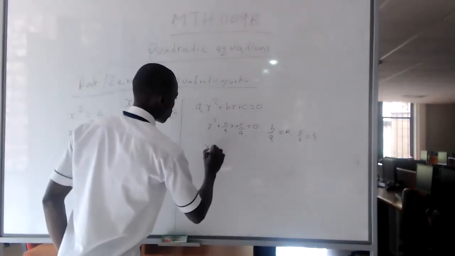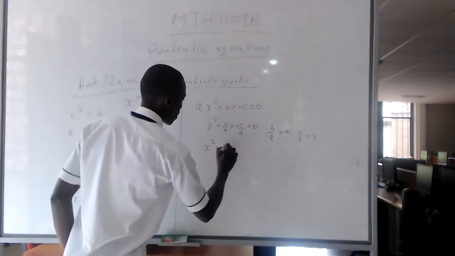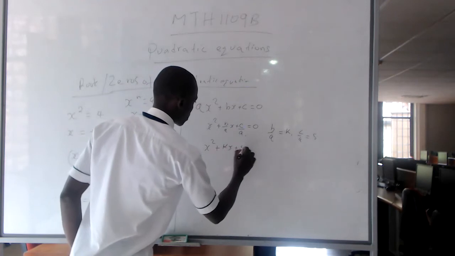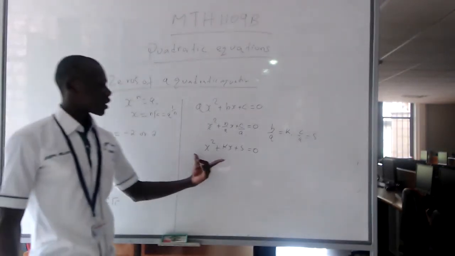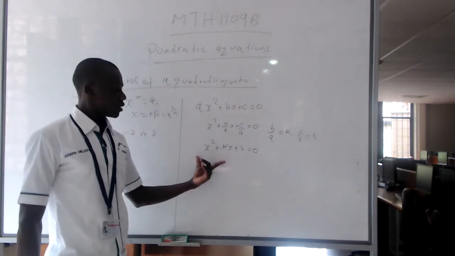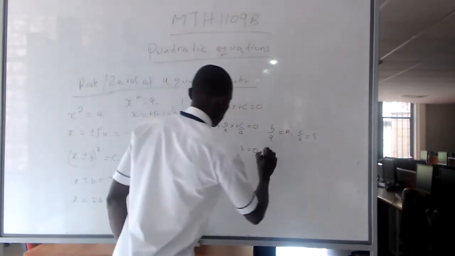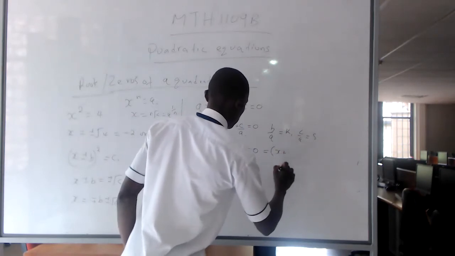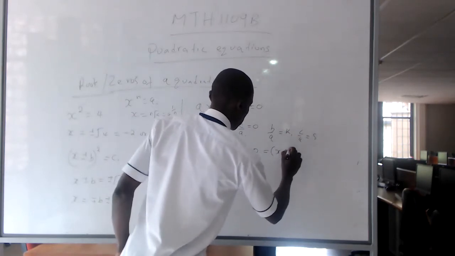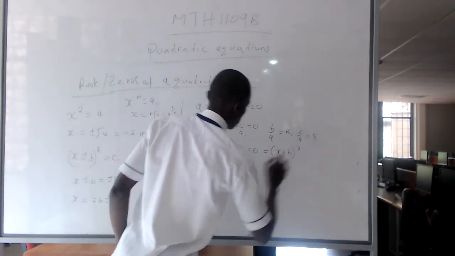So we have x squared plus kx plus s is equal to 0. I want to write the left hand side as a perfect square. So I need to be able to write this as something like x plus, I don't know, maybe let me call it h squared.